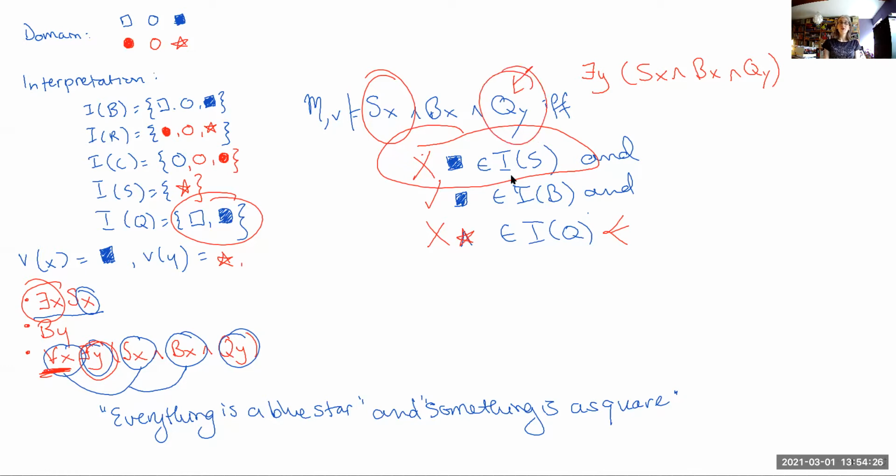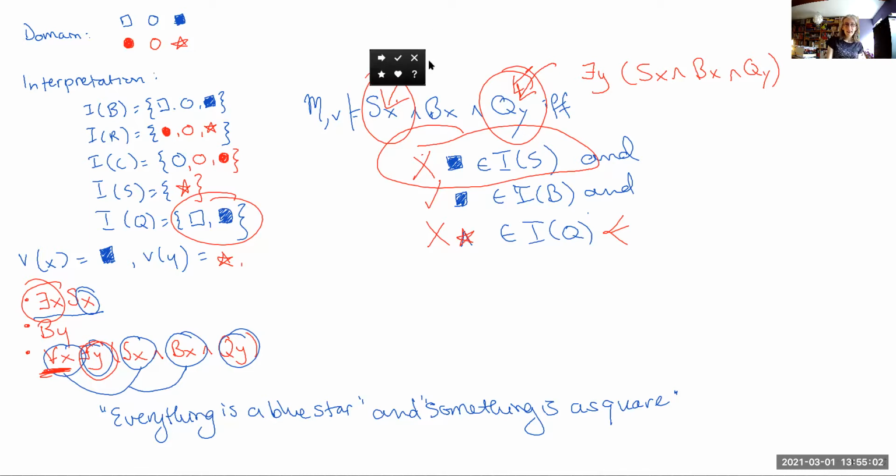Because in order to make this one true, we need y to be assigned to a square. In order to make this one true, we need to make x be assigned to the star. But this means that take the variable assignment that assigns y to one of the squares, that very variable assignment will make it not assigned to one of the stars.